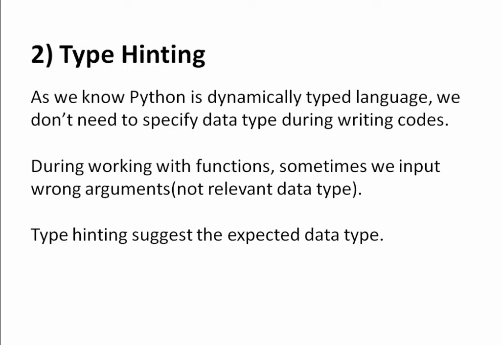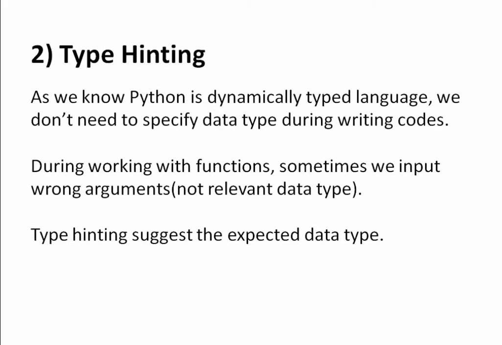Suppose you make a function for getting the summation or the average of two values, but unfortunately you provide a string data type, so it will raise an error. For this we have type hinting, which will automatically tell you the expected data type.